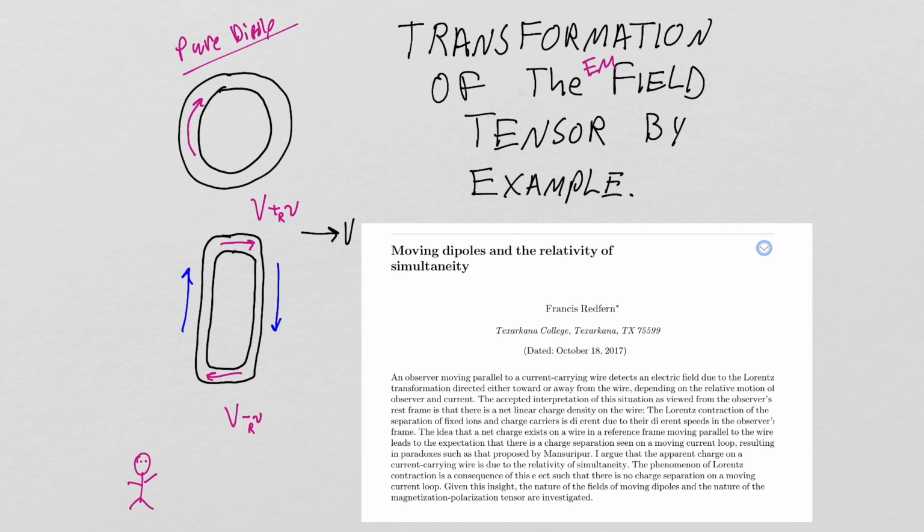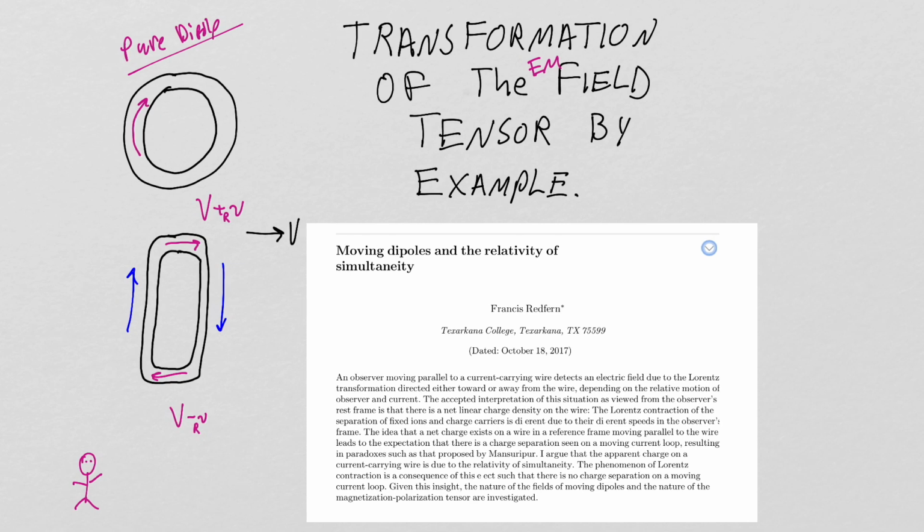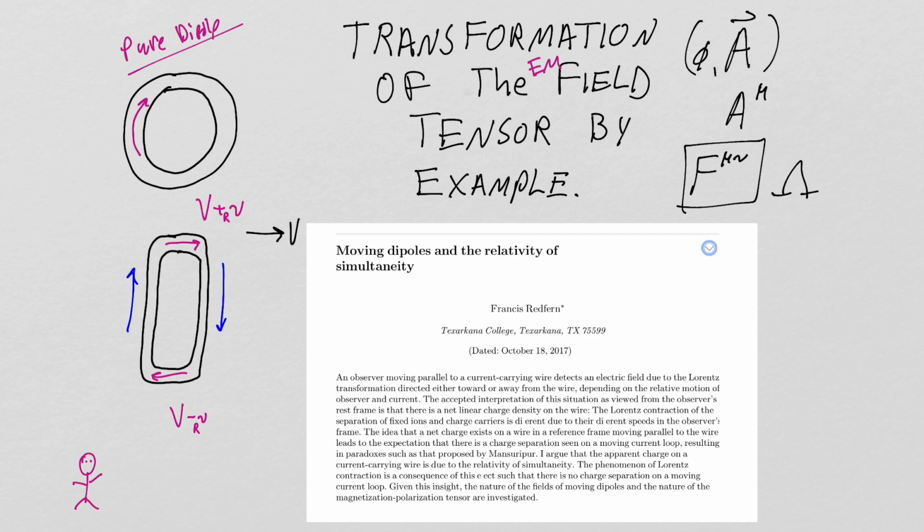Okay, so we've pretty much accomplished all the goals that I was interested in getting at, not only in this lesson, but we've now converted our thinking to the four potential formulation of electrodynamics, which we've now turned into a four potential. And we now have the electromagnetic field strength tensor, and we've understood in detail how Lorentz transformations work.